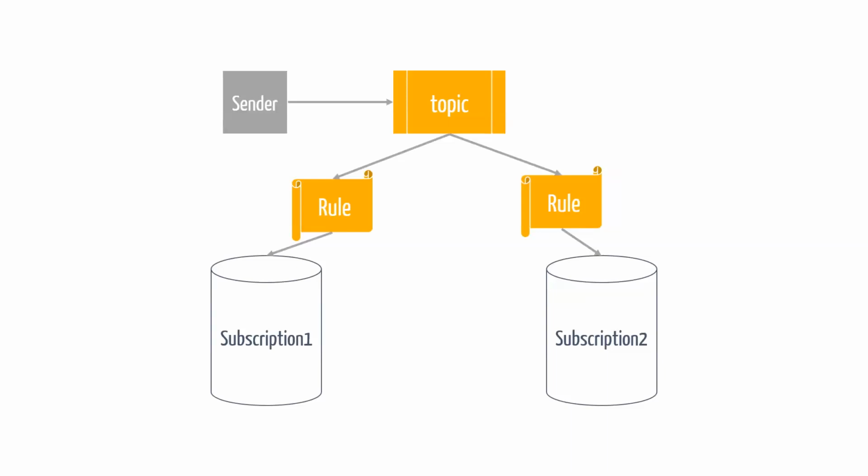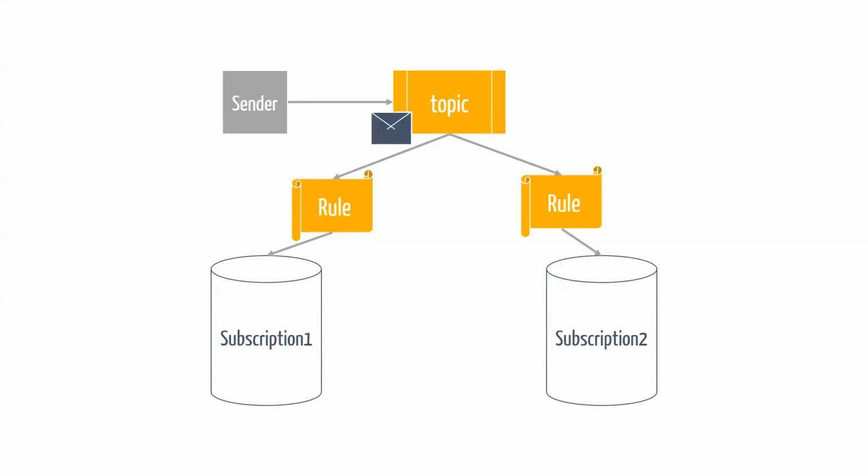And how this works is, as a sender, you're no longer sending to a queue. You're actually sending a message to a topic, and then every topic can have multiple subscriptions. You can have up to 2,000 subscriptions per topic, and then the sender sends a message. The message then gets copied to subscription 2. The rule is evaluated, and if the rule does not match, the message is basically discarded.